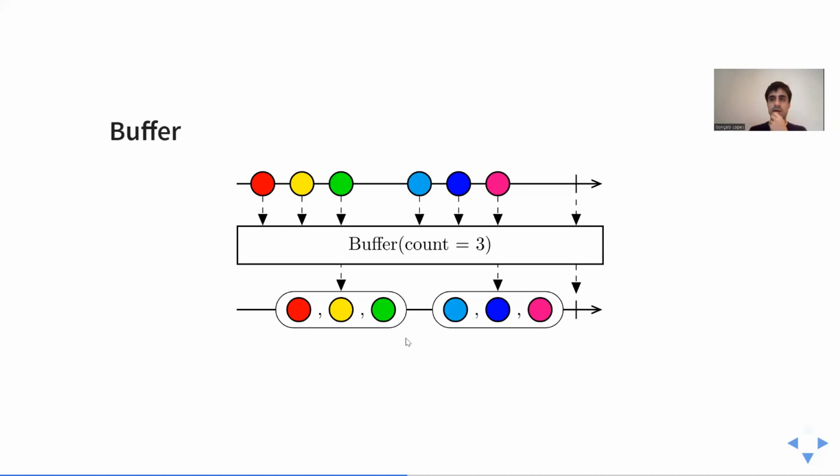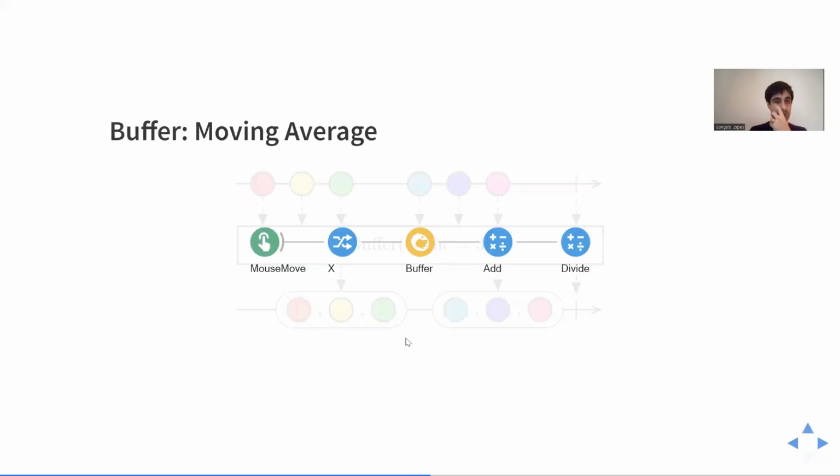This is useful because you can do operations such as a moving average that I was alluding to. For example, if you take the mouse move source, let's say one dimension, the x-axis, we buffer it, do a moving buffer, and then if we just add all the values in that buffer and divide by the size of the buffer, we'll end up doing a low pass filter, a moving average over the original data that we can look at.